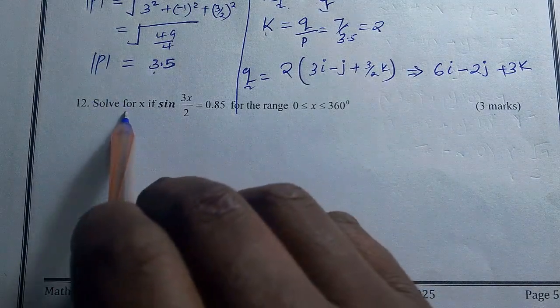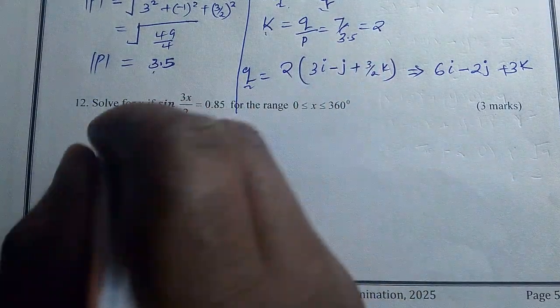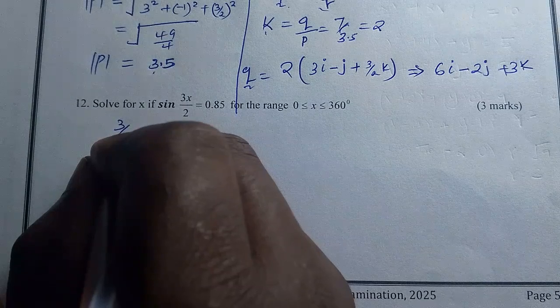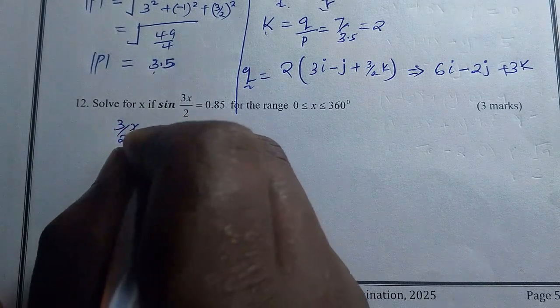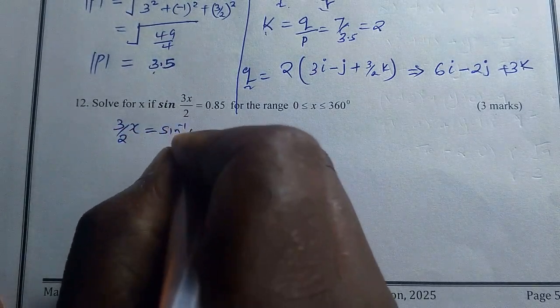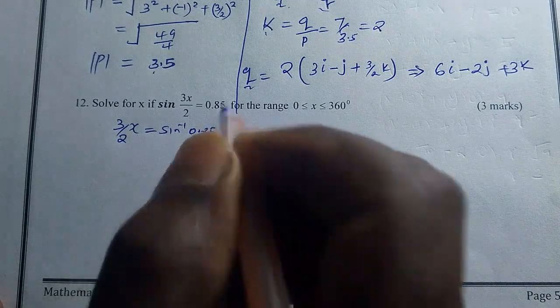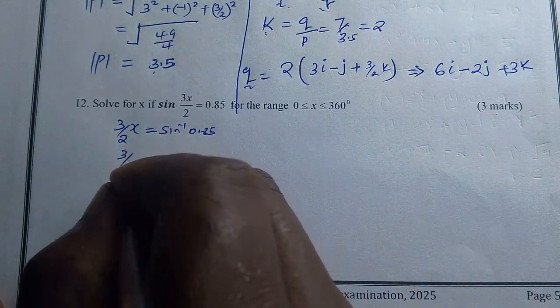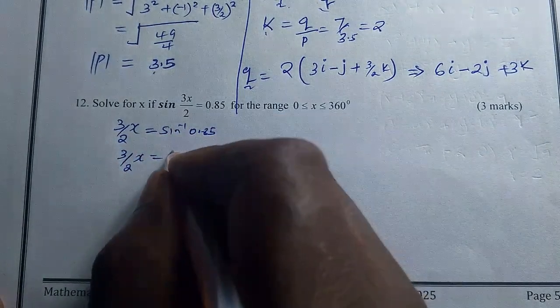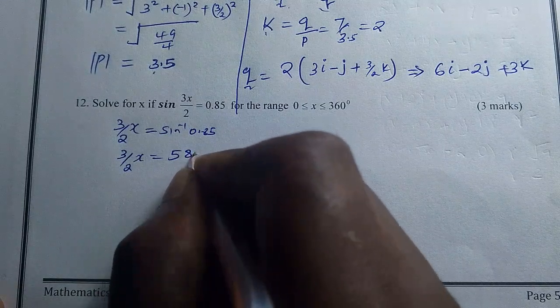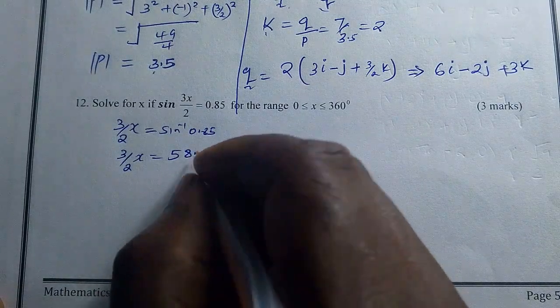Solve for x in this. So 3 over 2 x equals sine inverse 0.85. Let's get the angle. So 3 over 2 x equals 58.21.